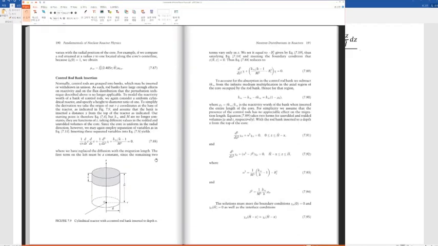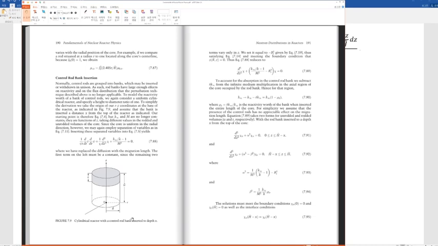Next, instead of a single control rod, we would like to see the case when a control rod bank is inserted. So this figure 7.9 gives us this case of control rod bank insertion.